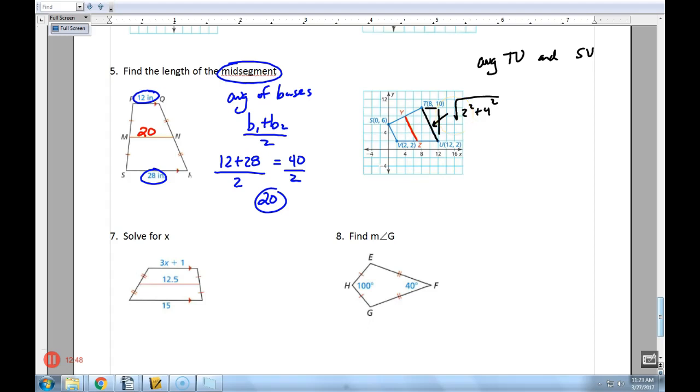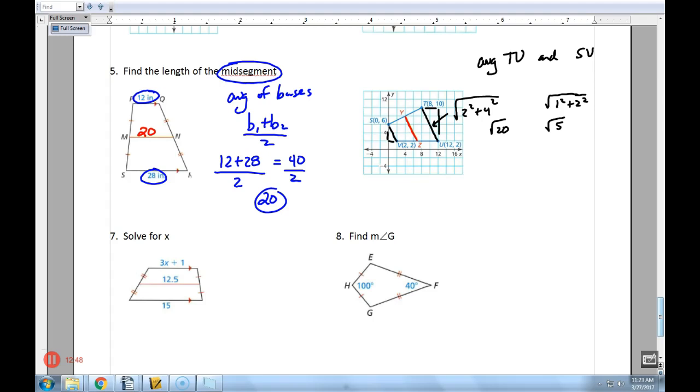Take the square root of that, which is the square root of 20. And then I need to find this little fella over here, which is a 1 by 2. So he is 1 squared plus 2 squared, which is the square root of 5. So I'm going to average those two out.